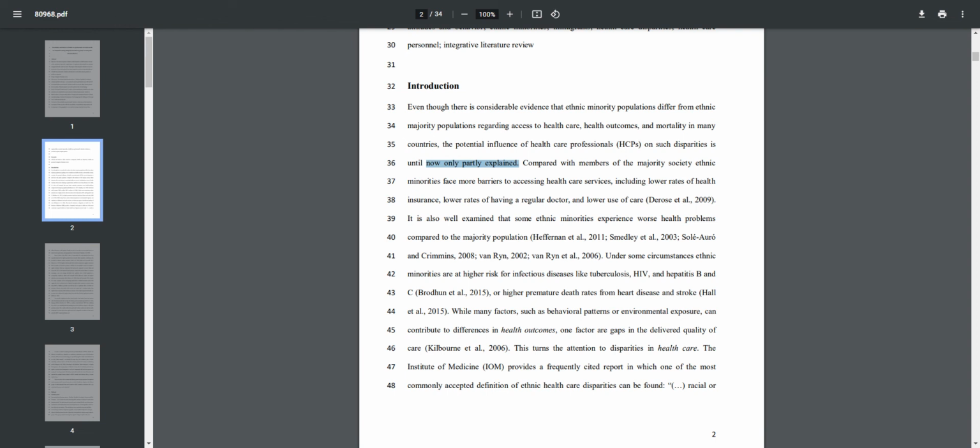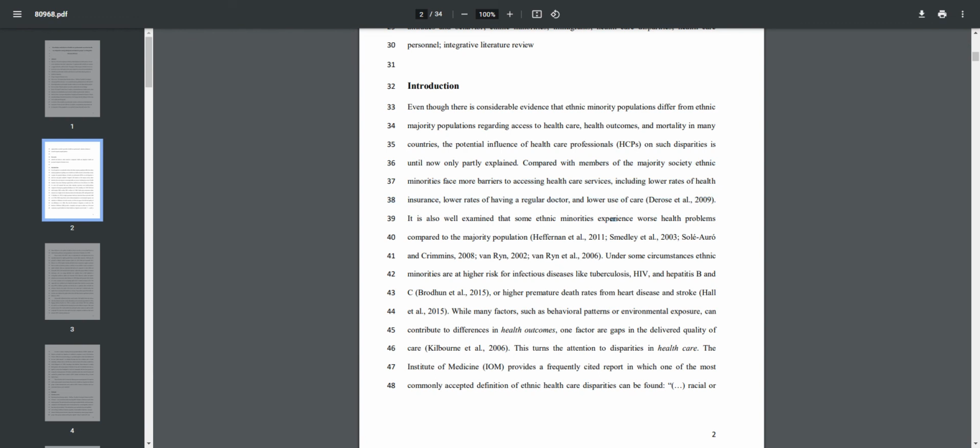And then the next sentence says, compared to members of the majority society, ethnic minorities face more barriers to accessing healthcare services, including lower rates of health insurance, lower rates of having a regular doctor, and lower use of healthcare. This sentence is also taking yourself out of it, and it's just reporting whatever is put.